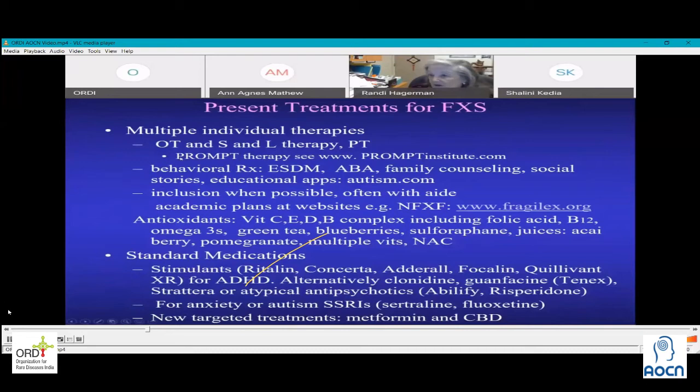And this can stimulate more language production, and you could read more about this on the web. Behavioral interventions such as applied behavioral analysis, ABA therapy, or the ESDM, Early Start Denver Model, developed by Sally Rogers here for individuals with autism, also work well in Fragile X syndrome.